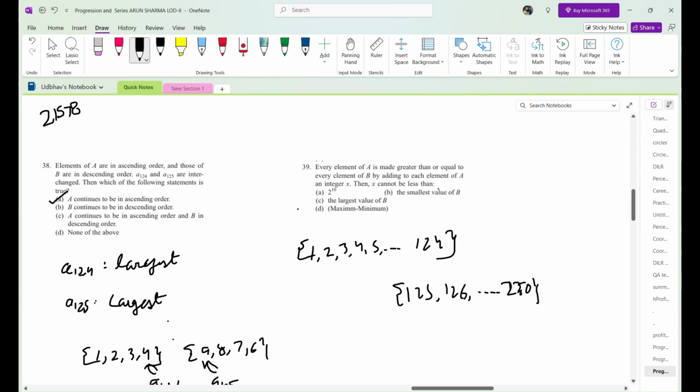Here the minimum value is 1 and the maximum value is 250.